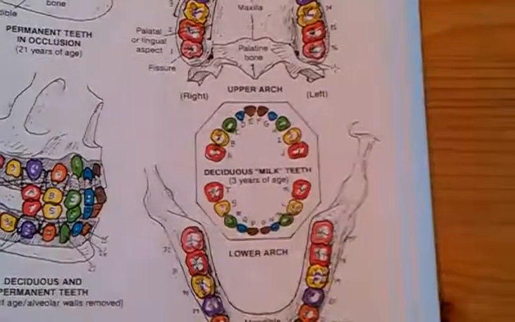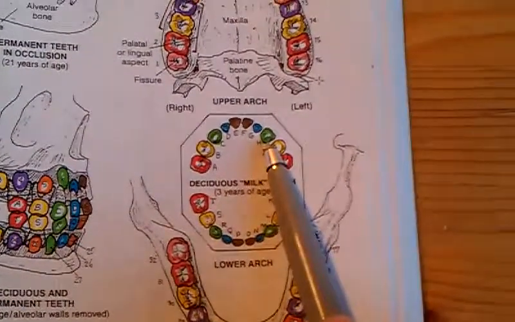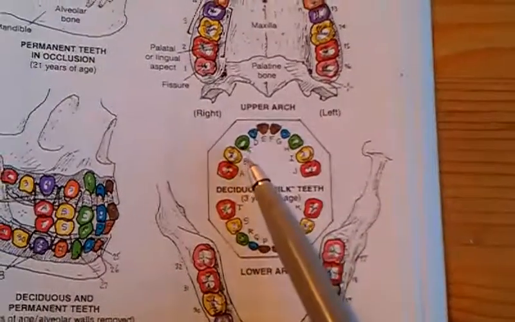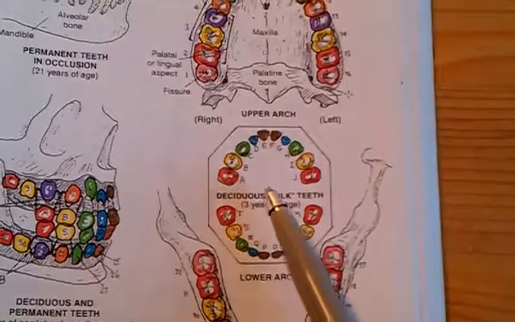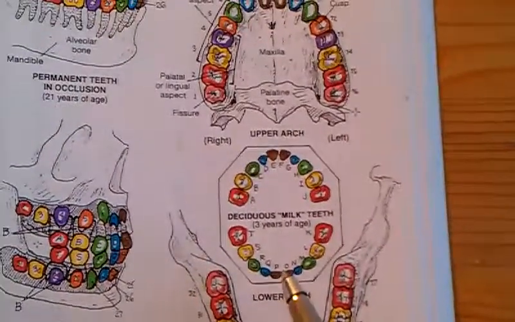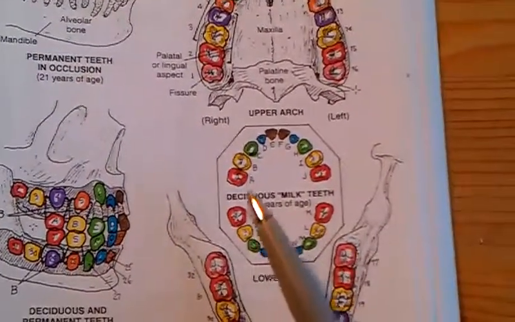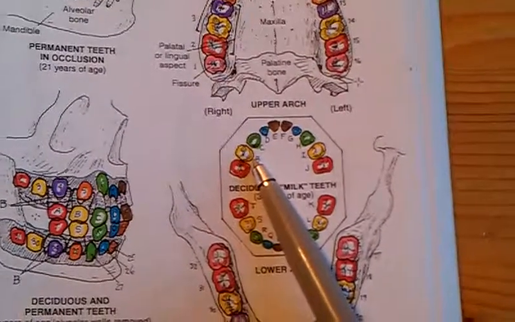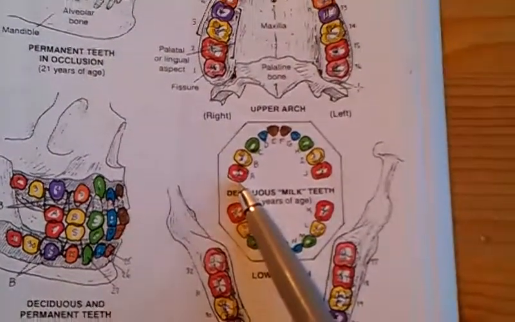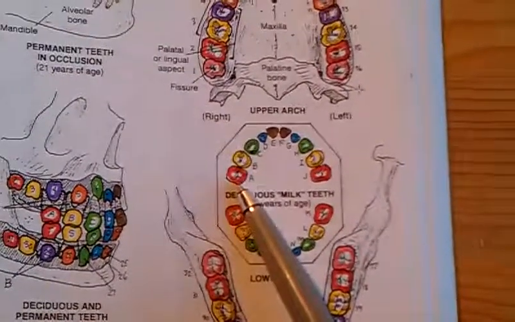The lateral incisor comes at the 8th to 10th month. The canine comes at 15 to 20 months. The first molar comes at 10 to 16 months, and the second molar comes at 20 to 30 months old.